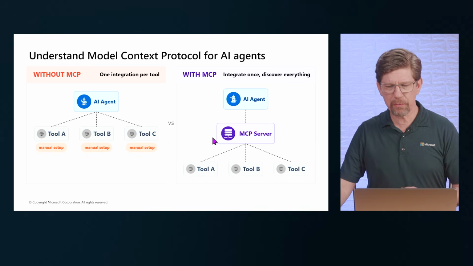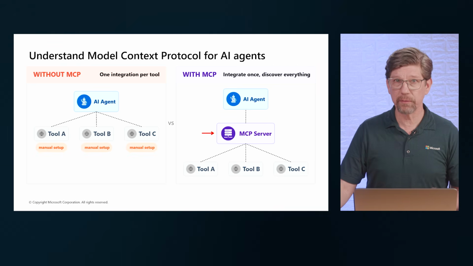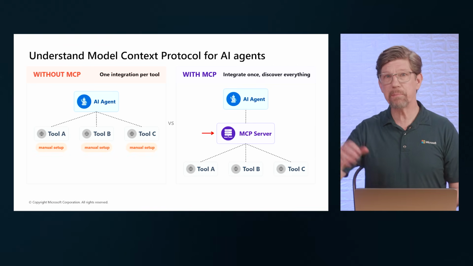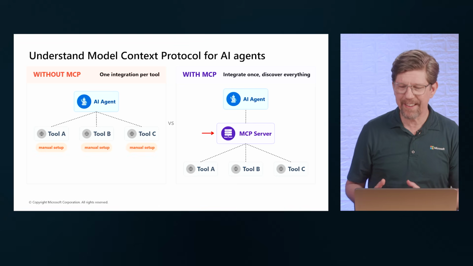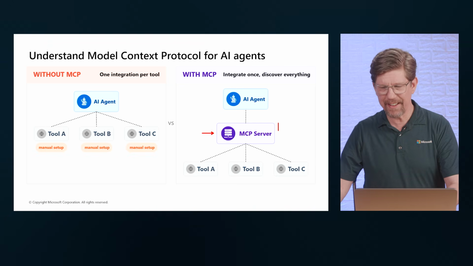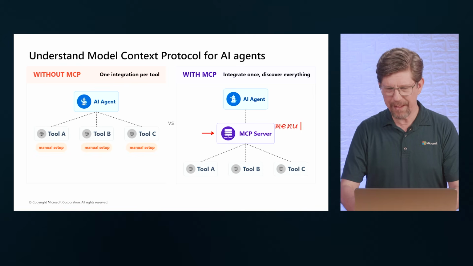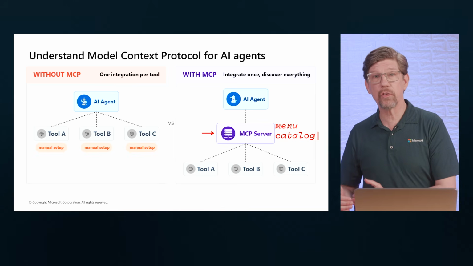Model Context Protocol allows us to build an MCP server, and that server may be remote. That server may be on the local machine, but we build an MCP server, and that server has a menu, has a catalog of the tools that are available.